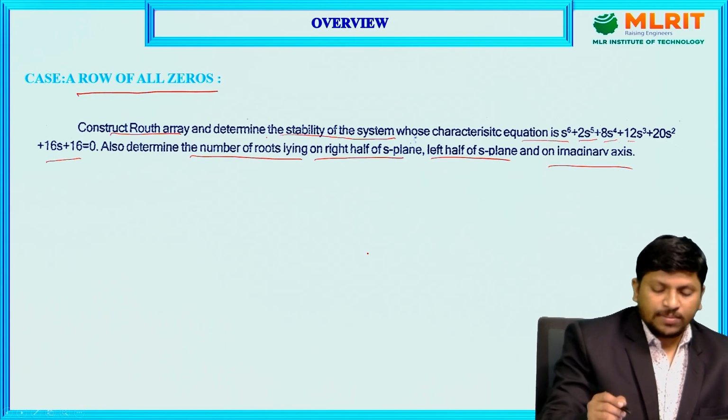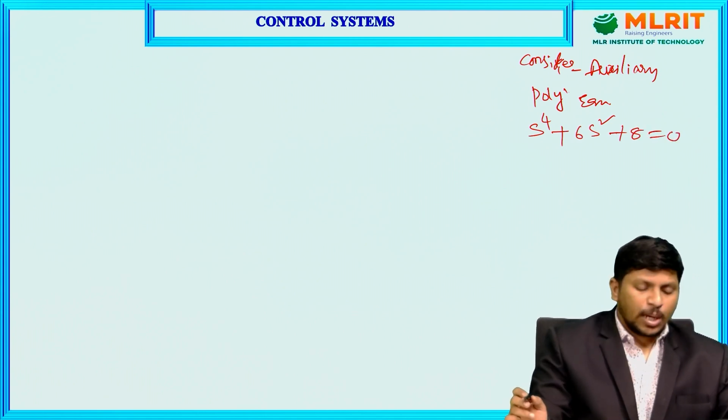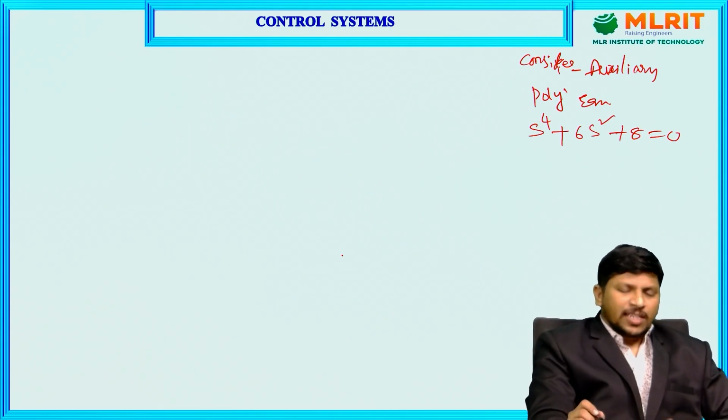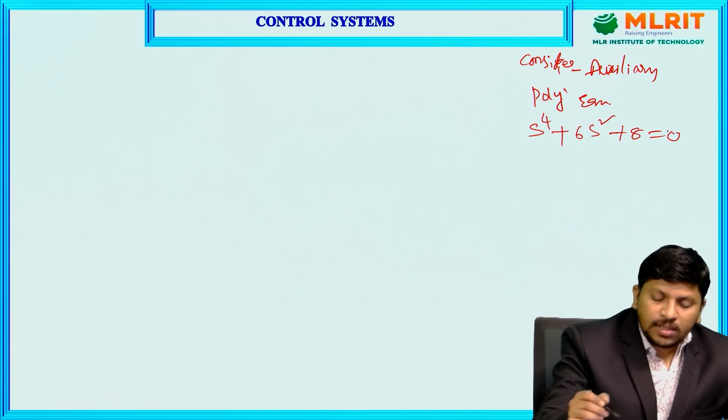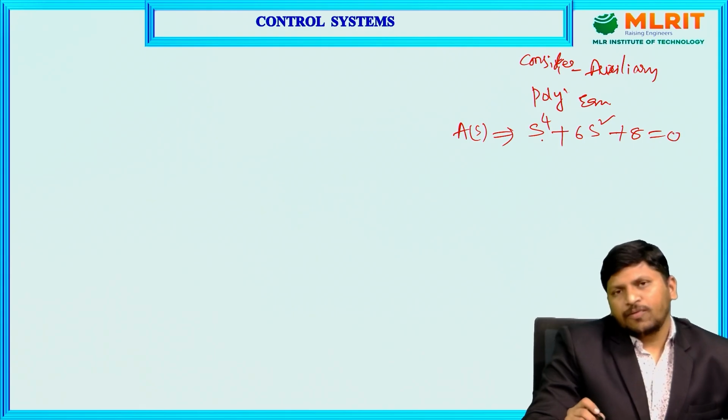So 1 s power of 4, 6 s square, 8 s power of 0, equal to 0. So this is the auxiliary polynomial equation. That is A of s equals s power of 4 plus 6 s square plus 8 equals 0.